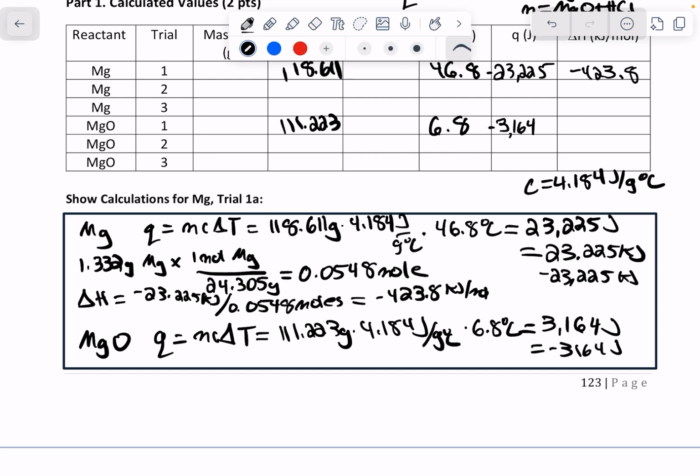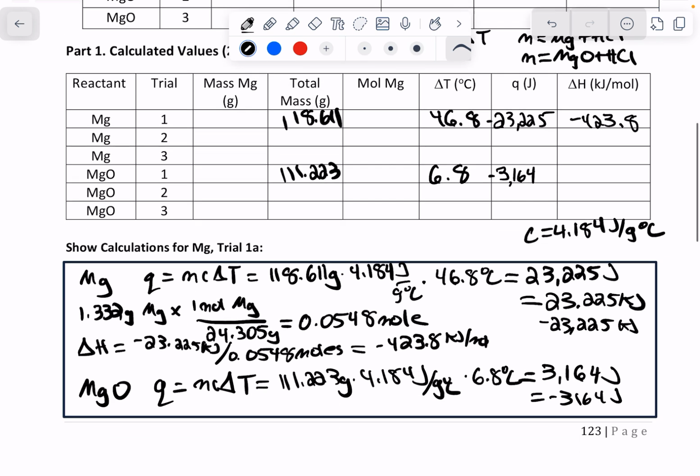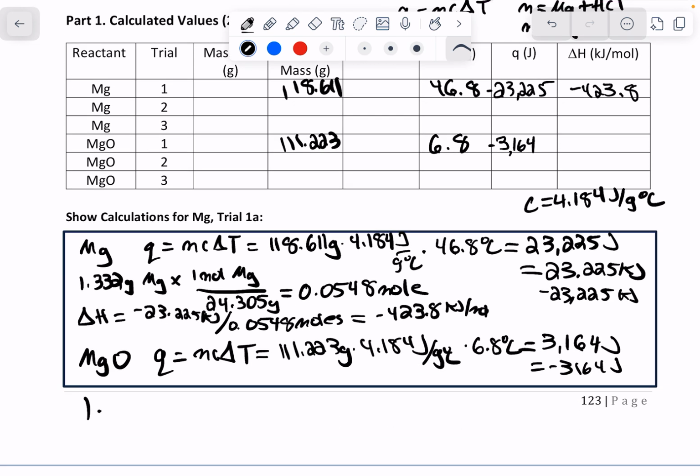And then for the MgO, we go back up here and it's 1.043 grams MgO times 1 mole MgO. And if we take a look, I'm going to use the internet for this.